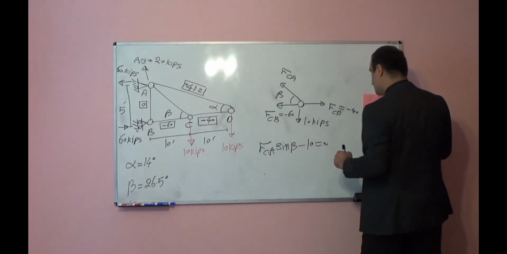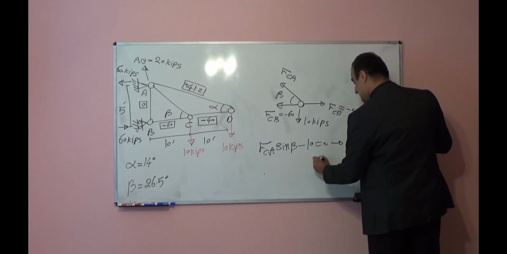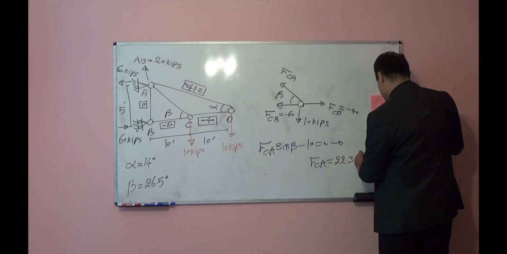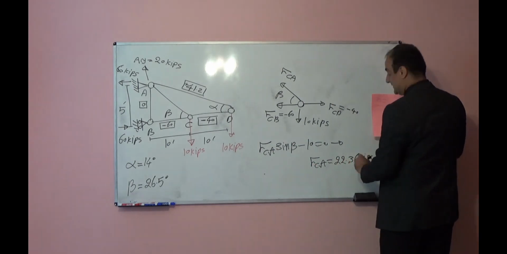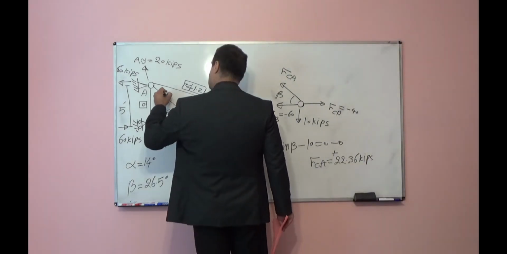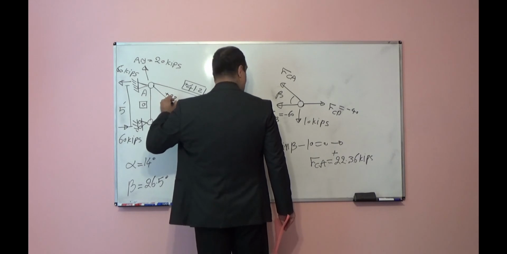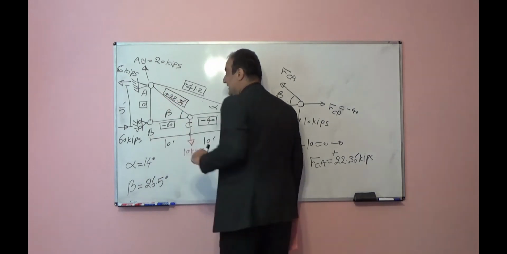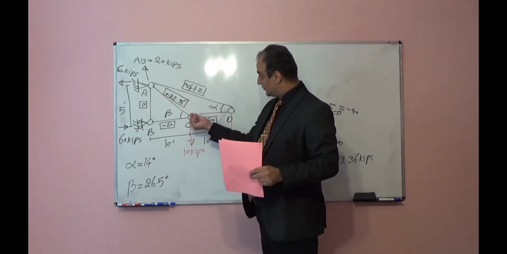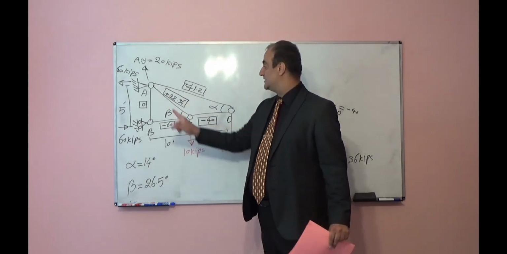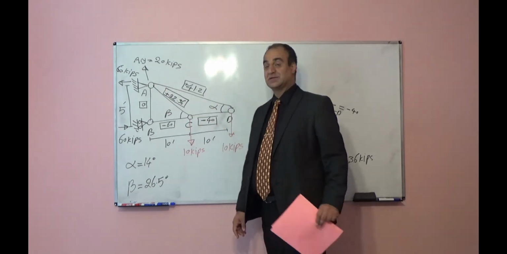You have beta, you will plug here, you will find FCA is equal to 22.36 kips, and it is positive. Again, if you remove this member, you pull down point C, the distance between A and C will increase, so this is under tension.